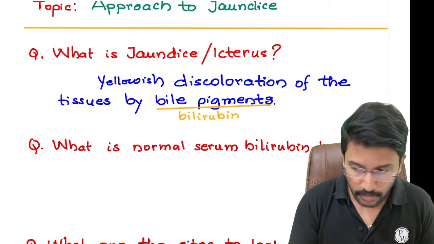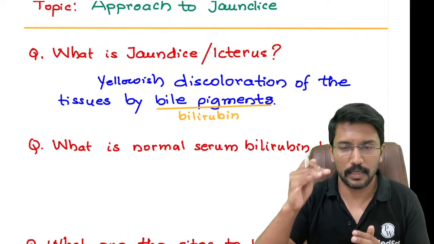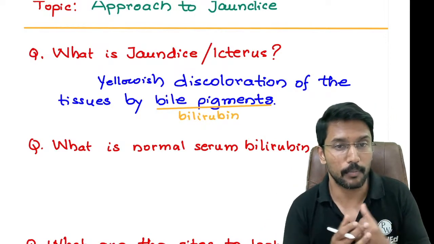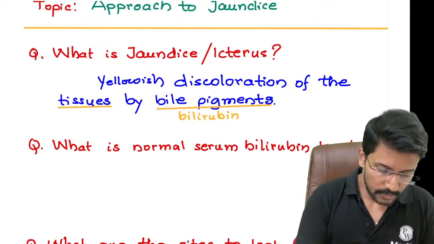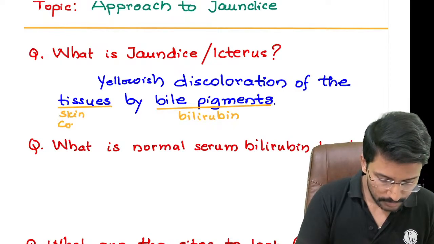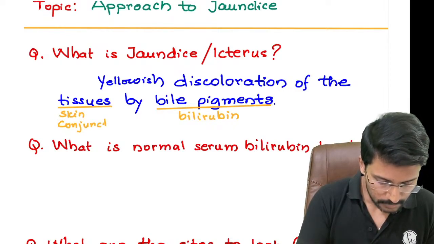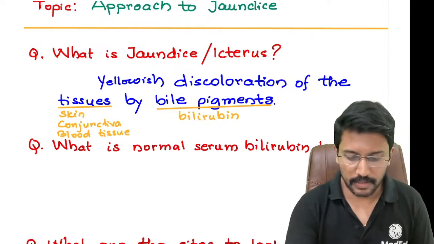Now which tissues are prone to get this bilirubin deposition? Whenever bilirubin level is high, which tissues are likely to get deposited with this pigment? It is mainly the skin, conjunctiva and blood vessels, right? Why are these tissues prone to get deposited by bilirubin?